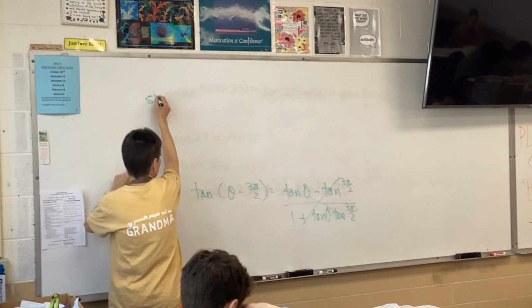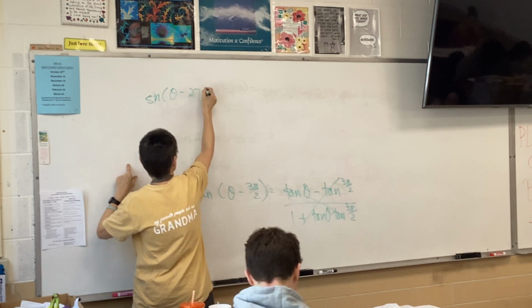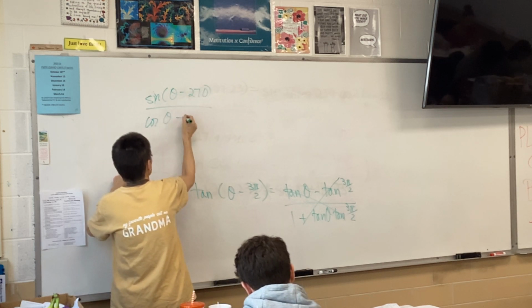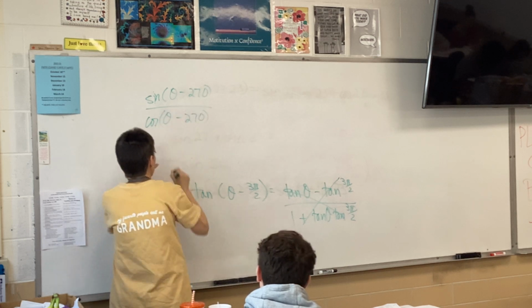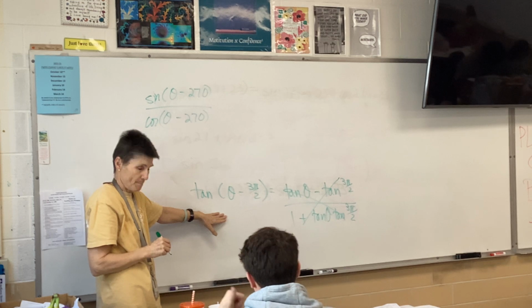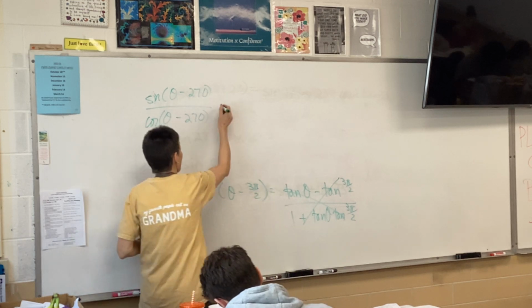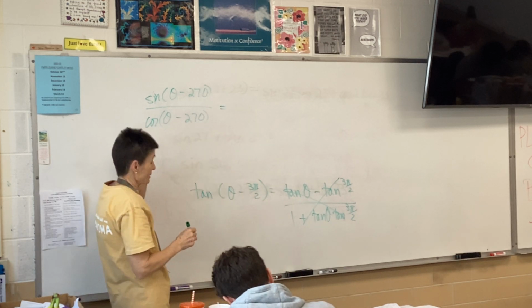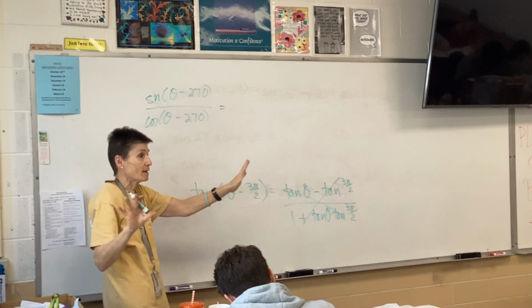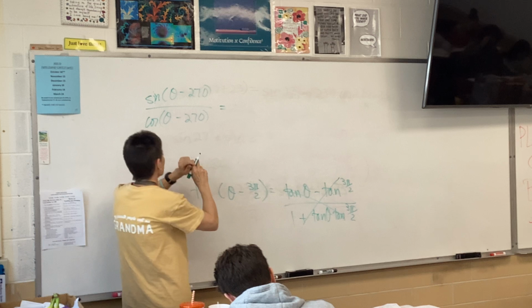So sine of theta minus 270 or 3 pi over 2, over cosine of theta minus 270. Now, is that the same as the tangent? Mm-hmm. It's gonna be a lot, but I can do all that and not have to worry about anything being undefined. So here I go.